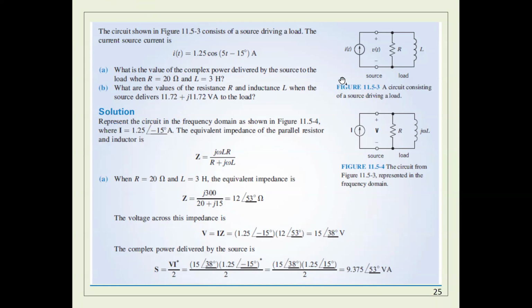For any formula you need to get the total Z, sorry, the total impedance, which is actually R in parallel to L. So I got Z. Once you get Z, you can calculate V, because the voltage drop here should equal I times Z. This I is going through Z, so you can get V. Once you have I, which is given, and V, you can calculate the complex power this way, divided by 2.